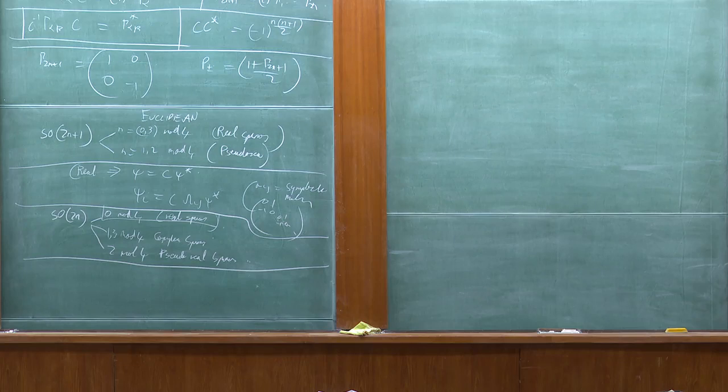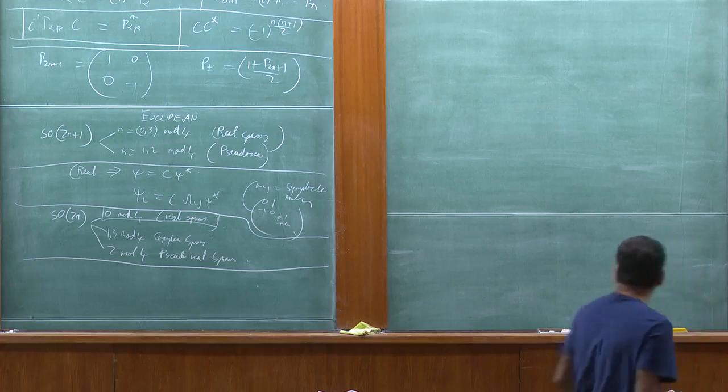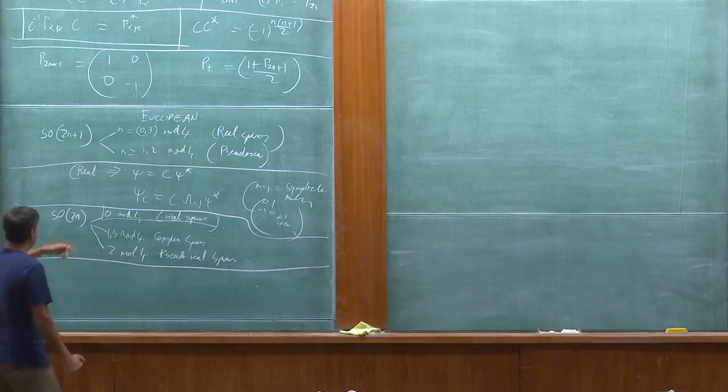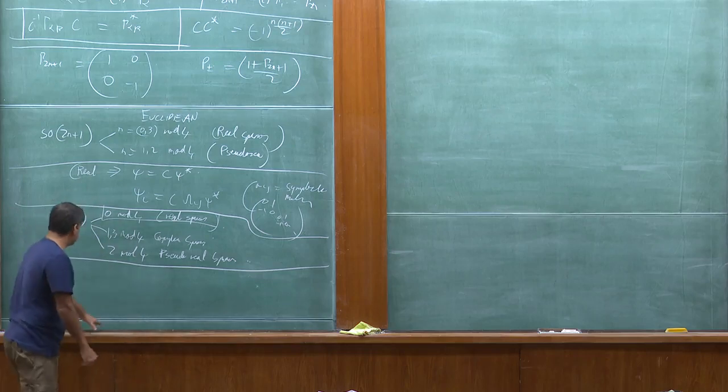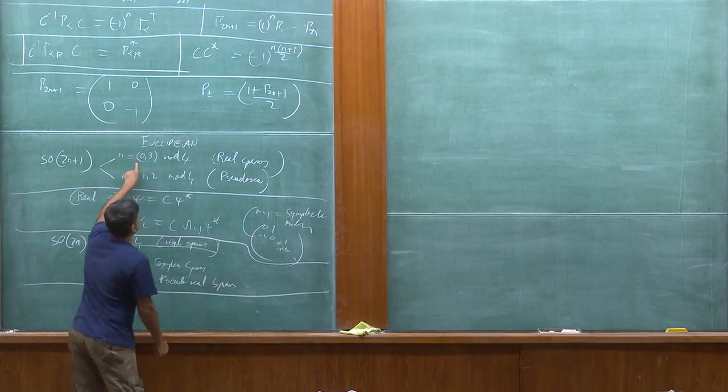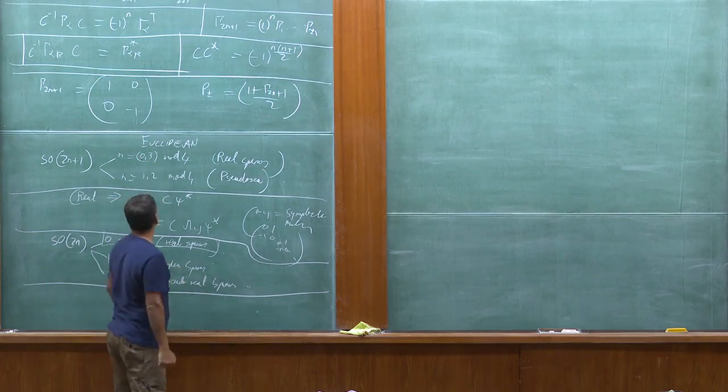So this interplay we will see many times in our course. It's going to be especially important when we look at superconformal algebras. But great, so that's another dimension that's sort of interesting. And the other things to keep in mind are the following. When do we have real odd dimensional spinors?